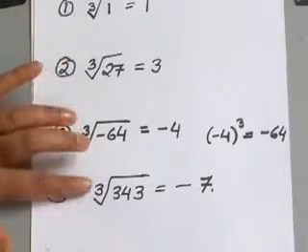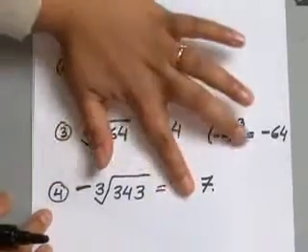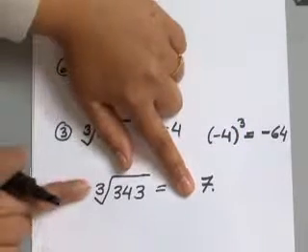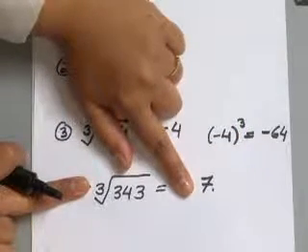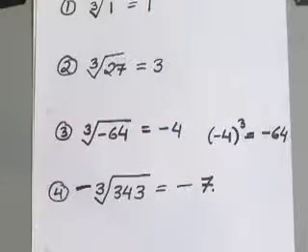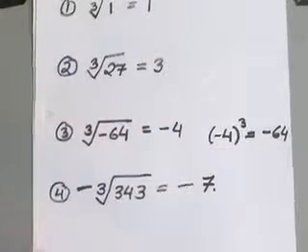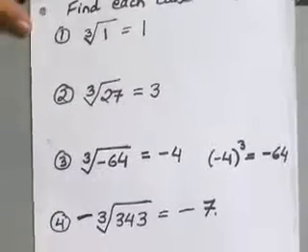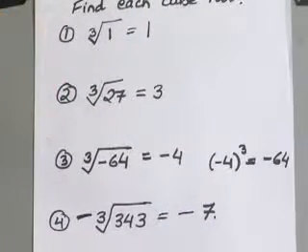Now, if you didn't have that negative sign in the front here, then you wouldn't have this negative out here as well, and your answer would have been: cube root of 343 is the number 7. Now I want you to realize the difference between example 3 and example 4.